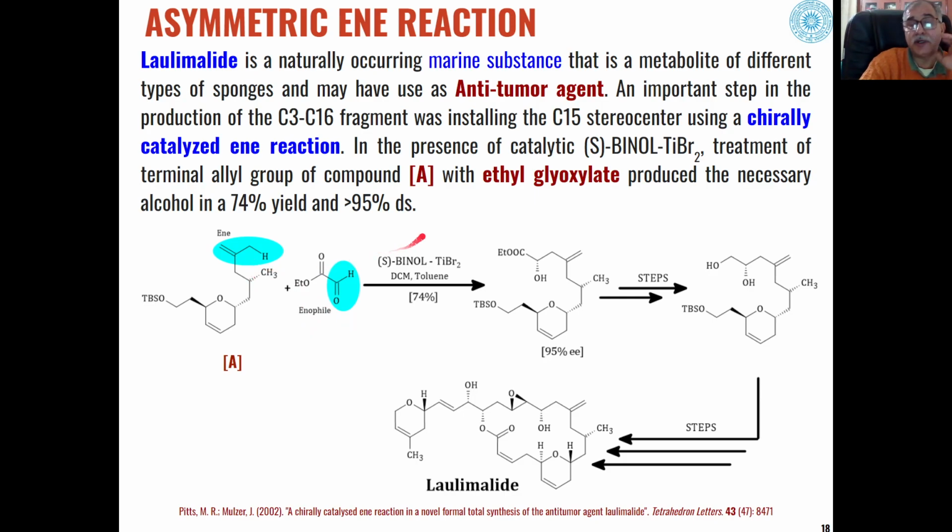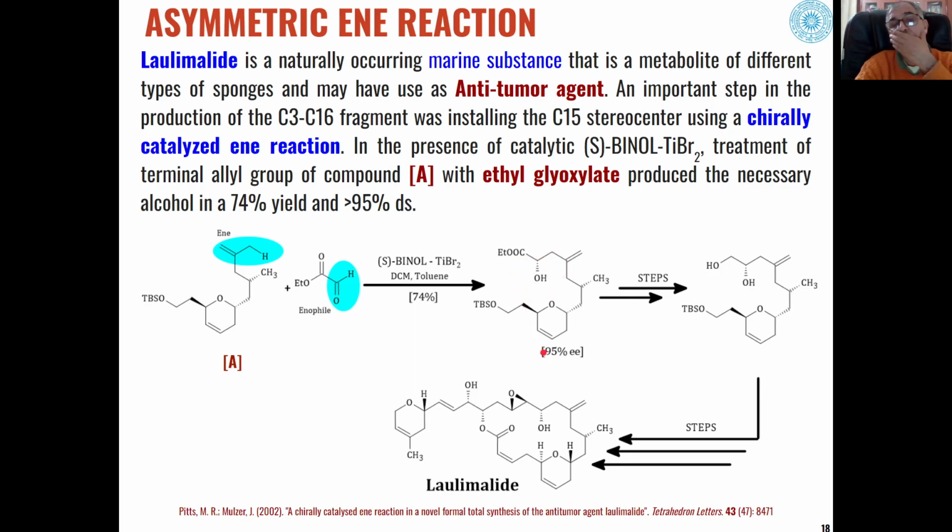So when this part of the molecule, that is compound A, is reacted with ethyl glyoxylate, which is acting as an enophile, in presence of S-binaphthol and titanium bromide, they will form an in situ complex, which will be chiral in nature. We will get a chirality introduced at carbon 15 at this place.